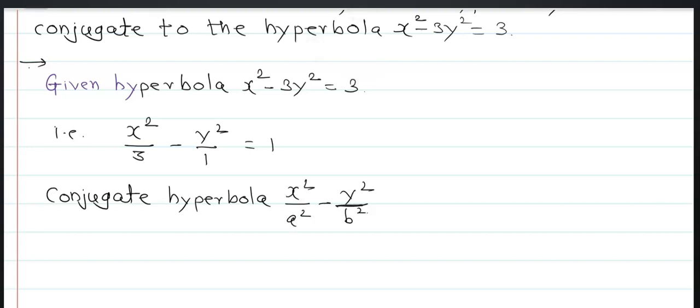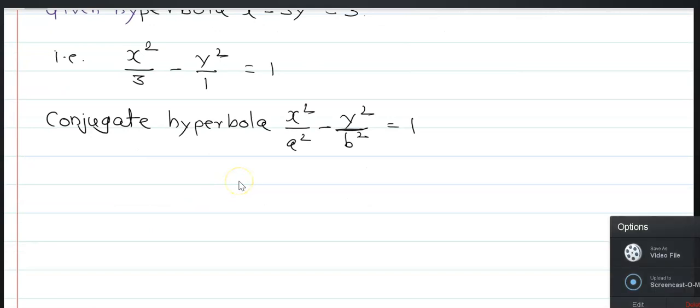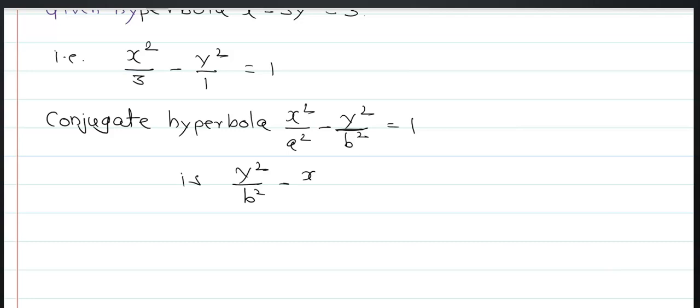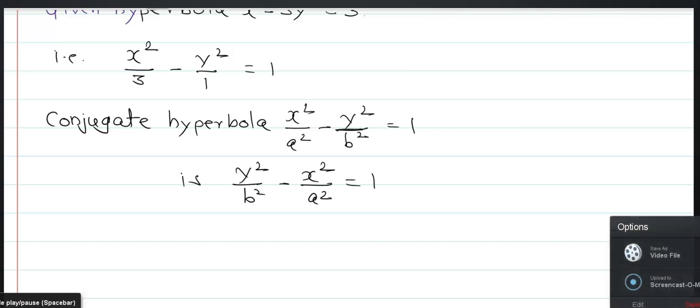Conjugate hyperbola of x square upon a square minus y square upon b square is equal to 1 is y square upon b square minus x square upon a square is equal to 1.